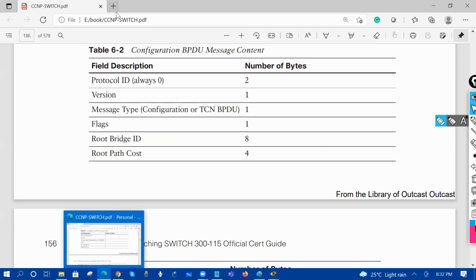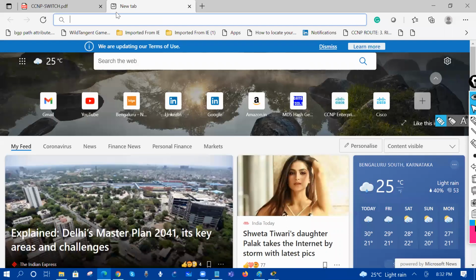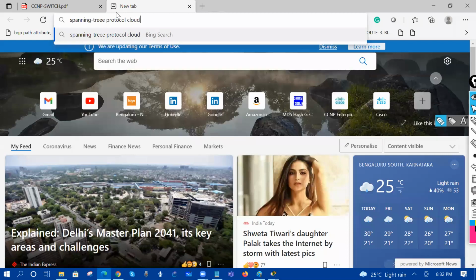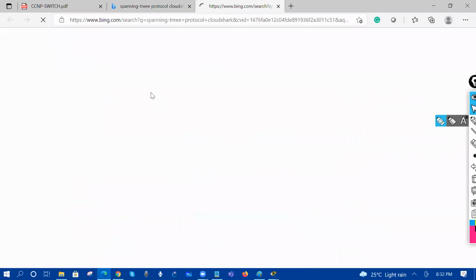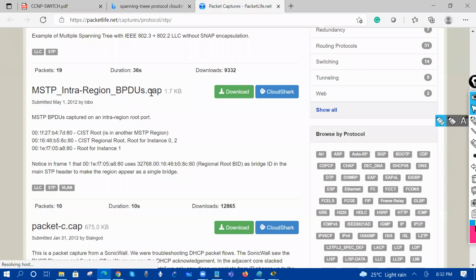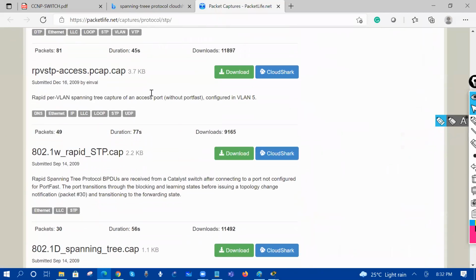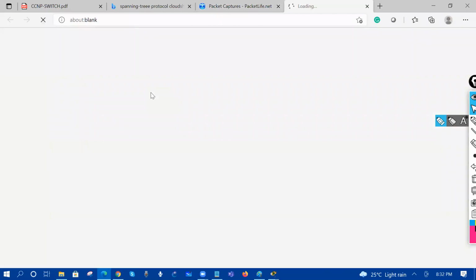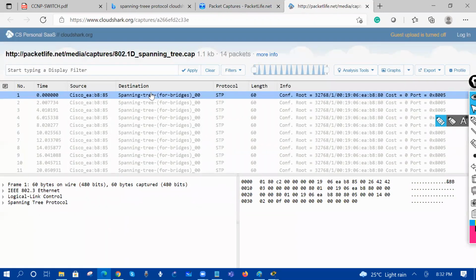I'll show you one thing in Wireshark, spanning tree protocol, so that you get an idea of how the BPDU looks.